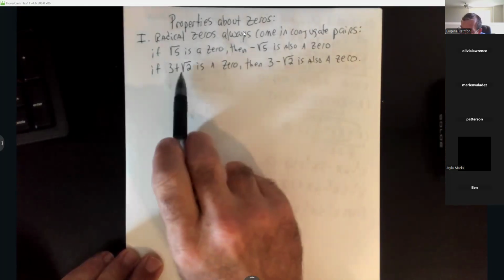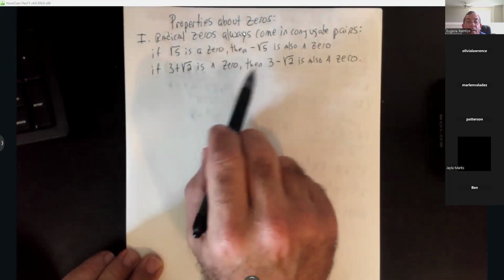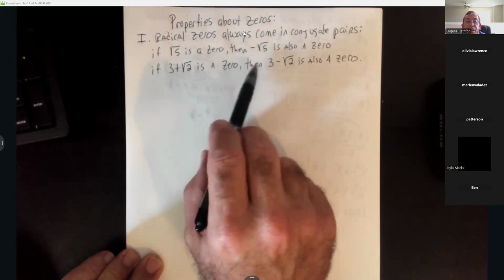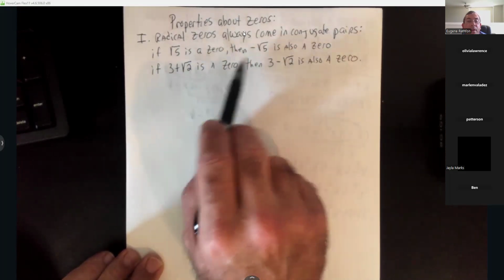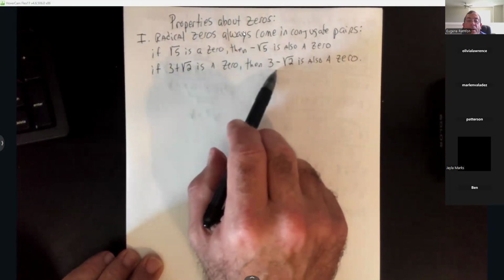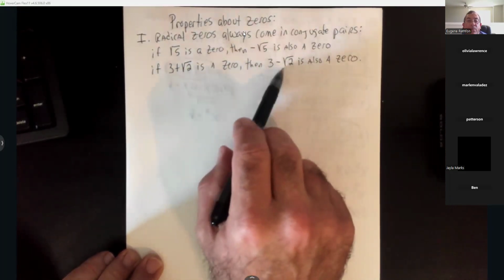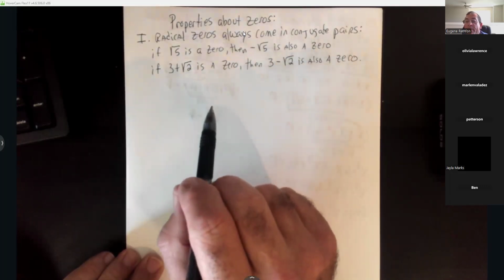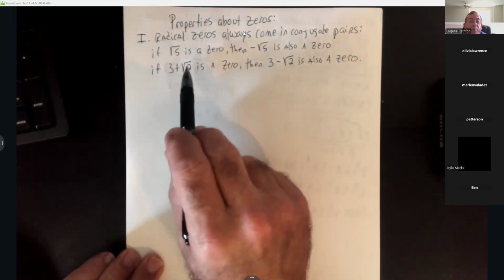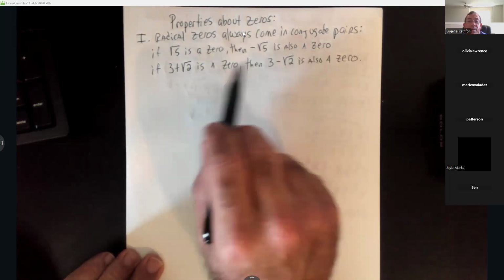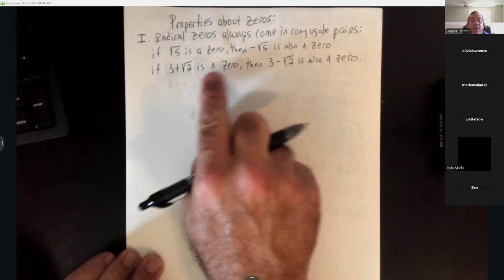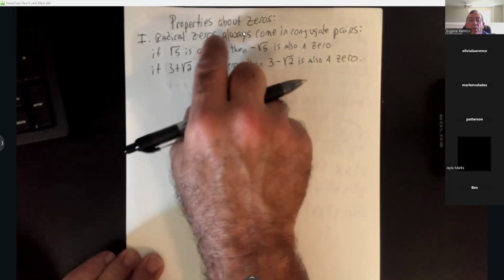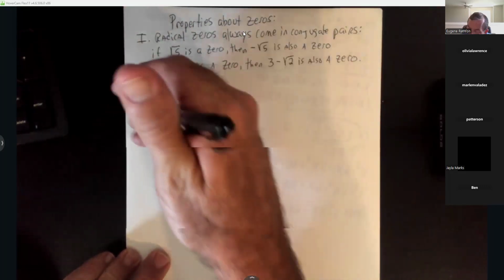So I want you to notice when it's written like this, the only sign that's changing is in front of the radical, not the numbers in the front, only the radicals. And that's because of that quadratic formula. Maybe you had the plus or minus in front of the radicals. So radical zeros always come in conjugate pairs.